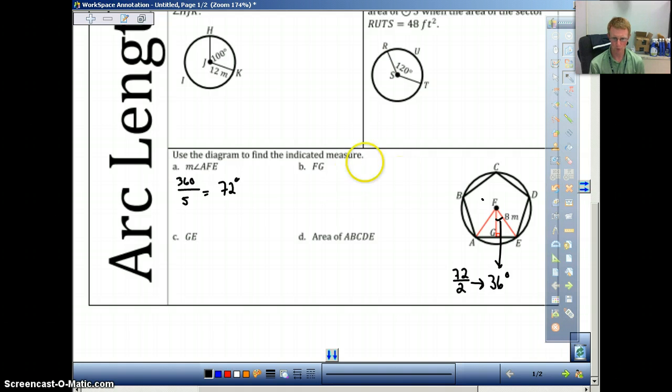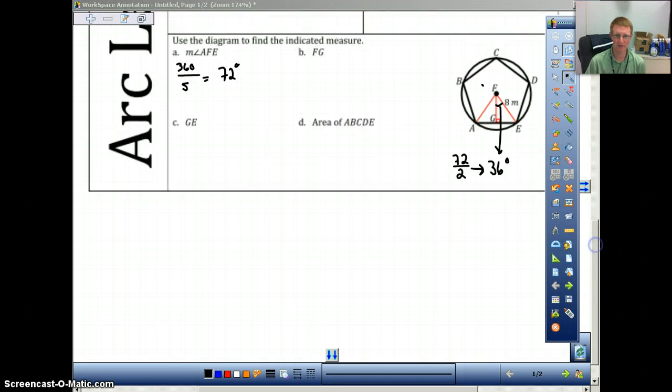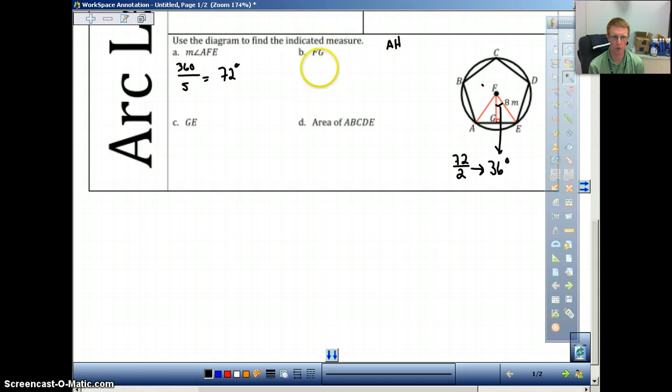What we do is we have the 36 degrees. We have the 8. The 8 is the hypotenuse. The FG is your adjacent because it's right next to the angle. Because we have an adjacent and hypotenuse, that means we're going to use cosine.